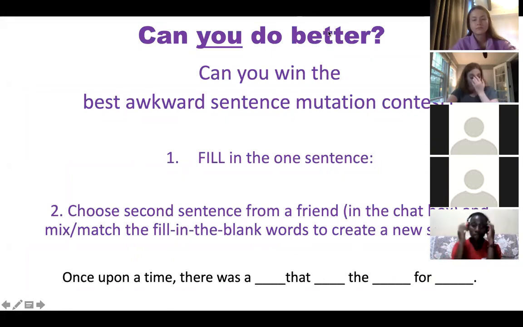So what I will do is I will write, once upon a time there was, and then I'll fill in with capital letters a new word, and I invite all of you to do the same.